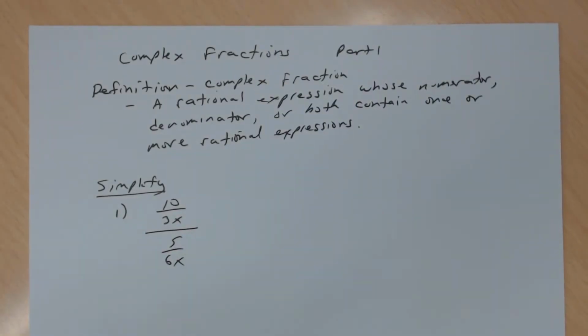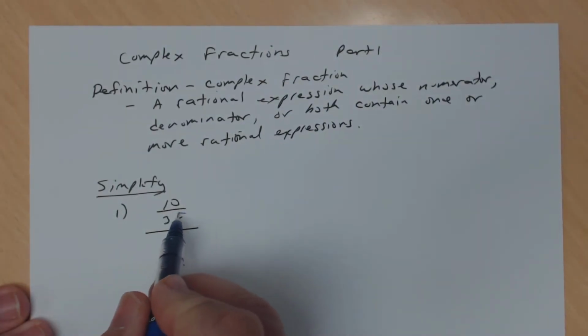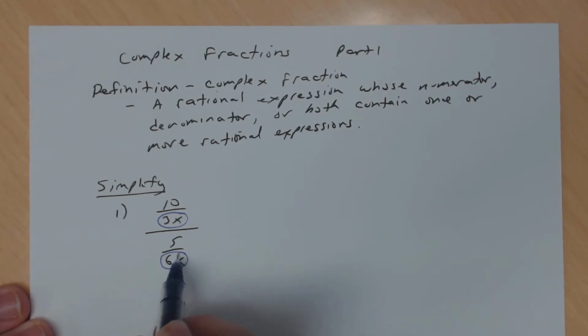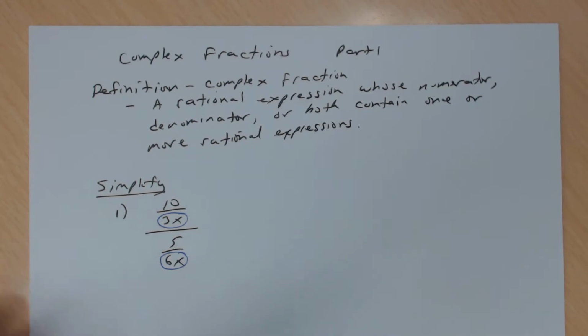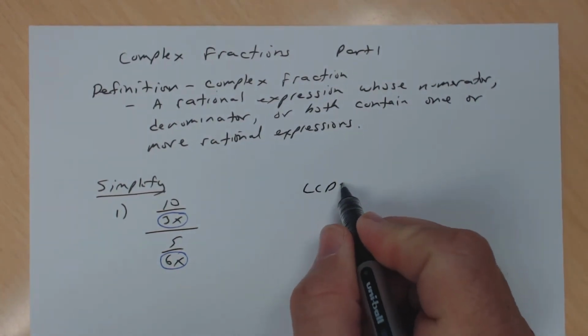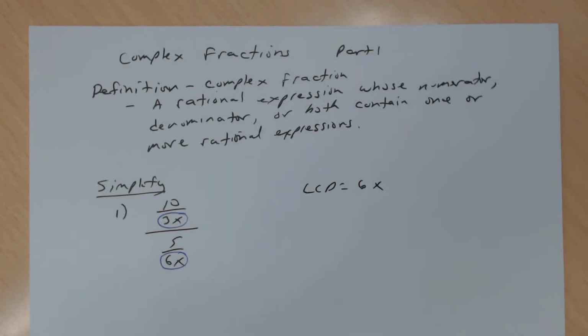Okay? Alright, so basically, if you look at your denominators, the first step is find the LCD of both fractions. So 3x and 6x. The LCD of 3x and 6x is 6x. Alright, so I'm going to rewrite this over.